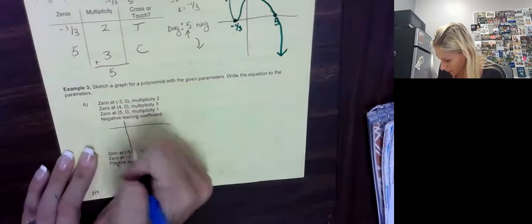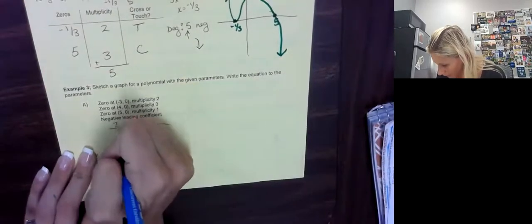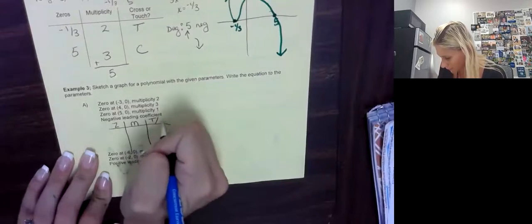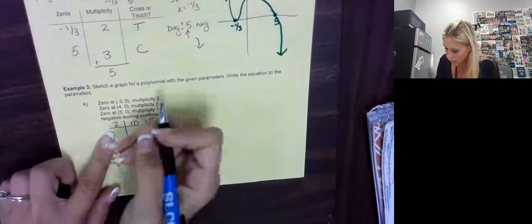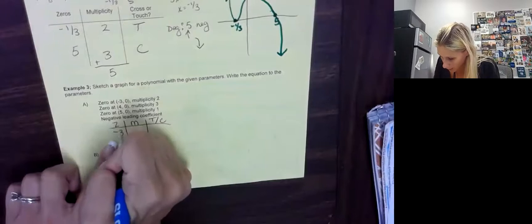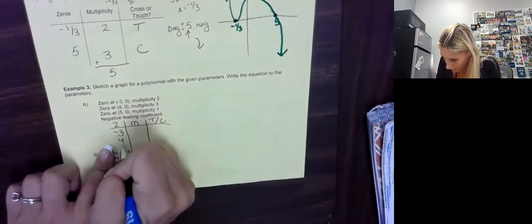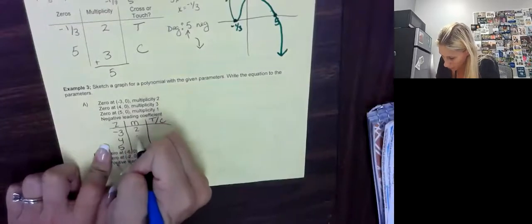So what helps us is that table. So I recommend making that table. Now the good thing is they give us all the zeros and the multiplicity. What we need to figure out is if it touches or crosses. So we have a 0 at -3, at 4, and at 5. The multiplicity is 2, 3, and 1.